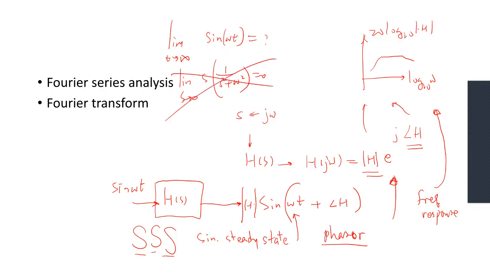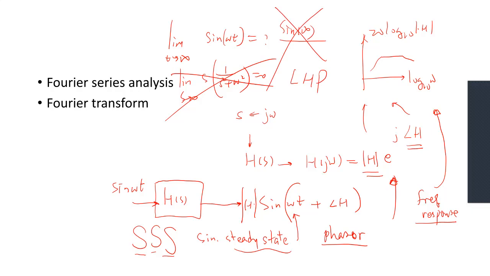You have to have all the poles in the left half plane. So don't make that mistake, because you don't know what sine of infinity is. In a steady state, you will never use the final value theorem for that sinusoid. You have to use this frequency response point of view. So there's no such thing as a final value here.